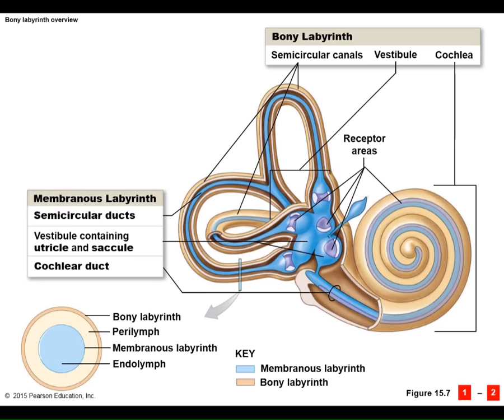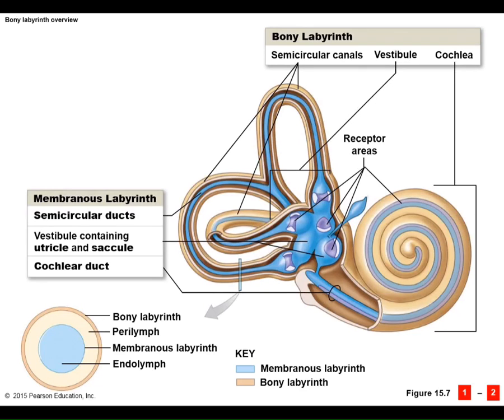So as information is coming in, you've got to picture the anatomy here. We've got the three ossicles, malleus, incus, stapes. The stapes sits on top of, it looks like a little Monopoly piece, and it has an oval base. So the stapes is sitting on top of or covering up the oval window.